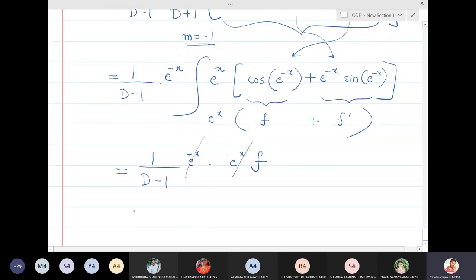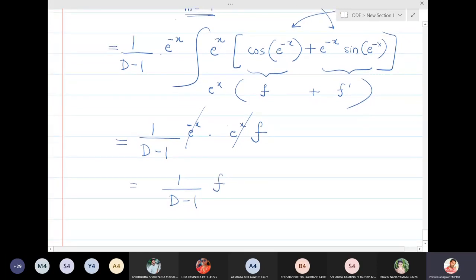So we have 1 upon (D minus 1) into f. Who is f? F is cos e raised to minus x, which is 1 upon (D minus 1) of cos e raised to minus x.